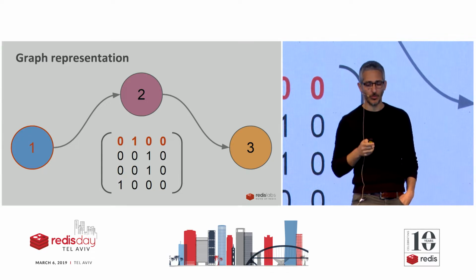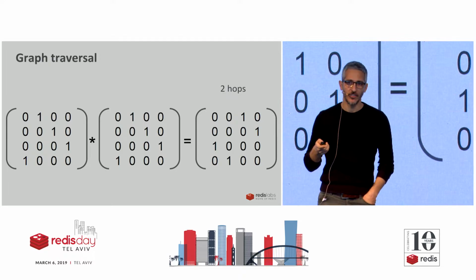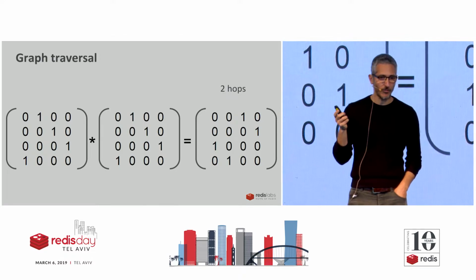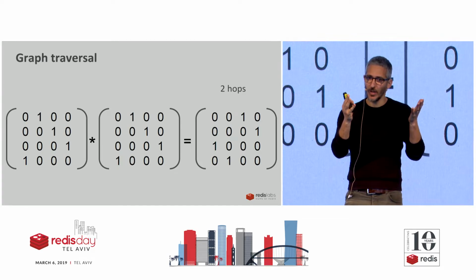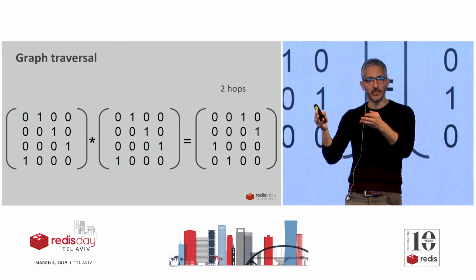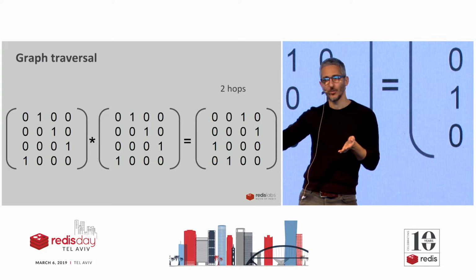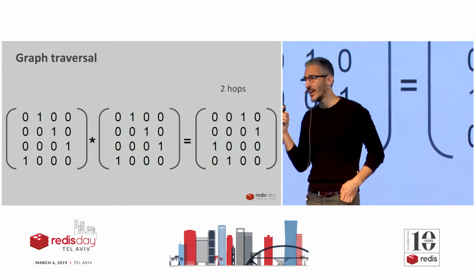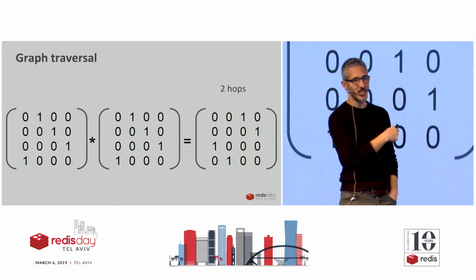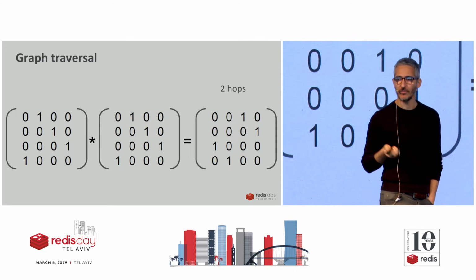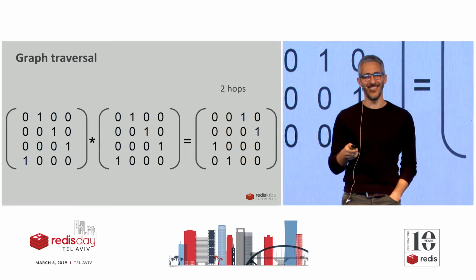So once we have that representation, how do we traverse the graph? It turns out, to traverse a graph, all you have to do is to take that matrix representing the graph and multiply it by itself. This will do a 2-hop traversal. Who here finds it oddly surprising that matrix multiplication would do graph traversal? Just a few. Okay.